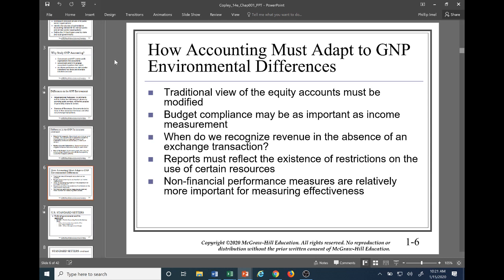So how must accounting adapt to the governmental not-for-profit environmental differences? The traditional view of equity accounts must be modified. We know the equity accounts in your for-profit business sector include additional paid-in capital, retained earnings, AOCI, other comprehensive income, common stock, preferred stock, stuff of that sort, and you're not going to be seeing breakdowns like that of your traditional equity accounts.